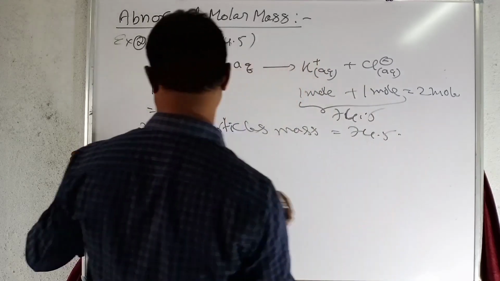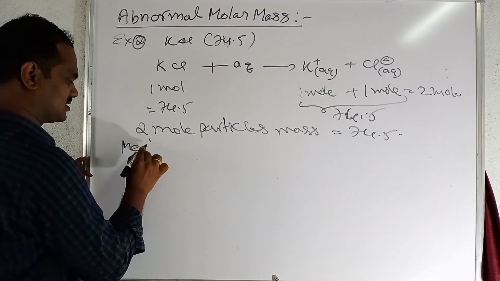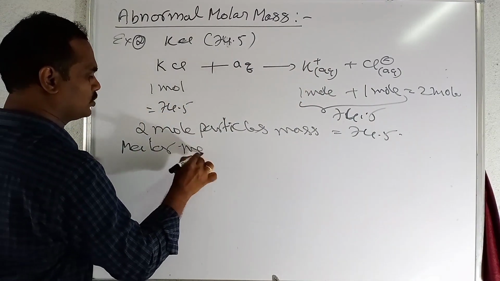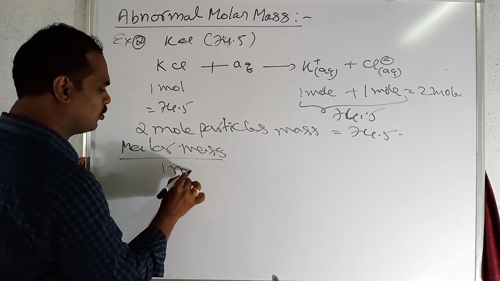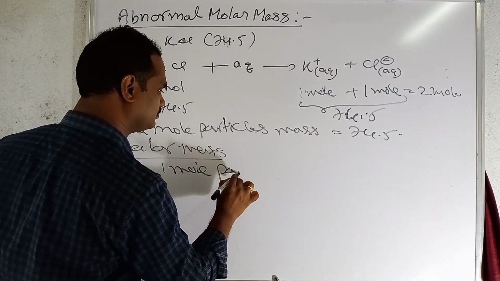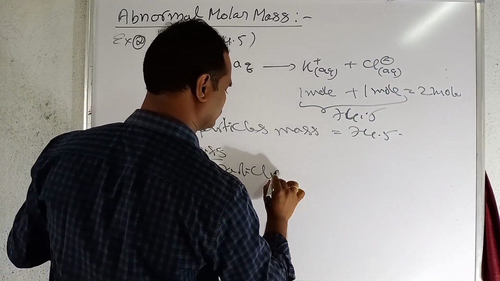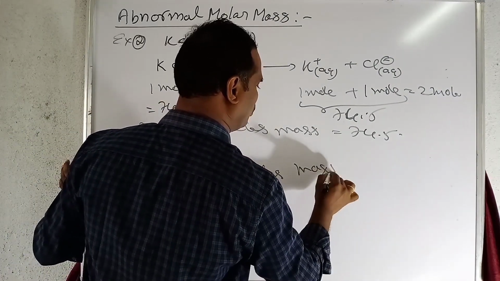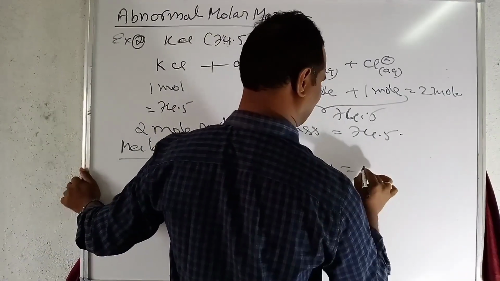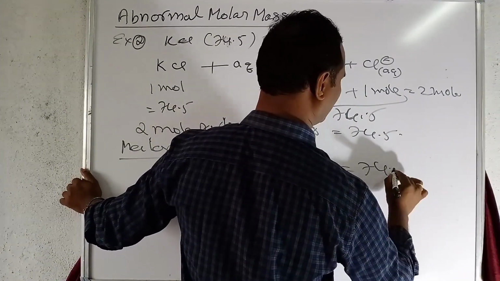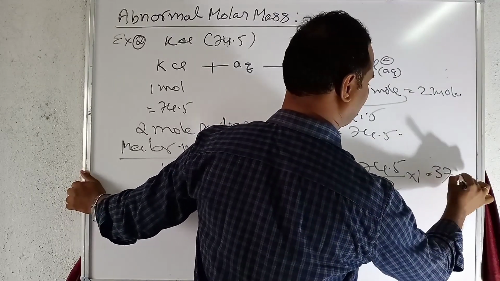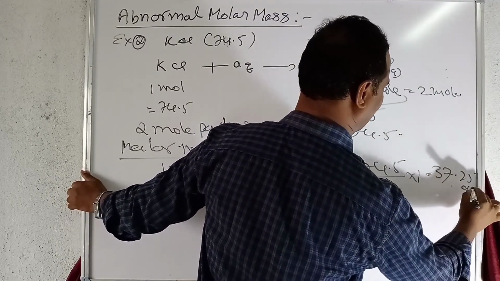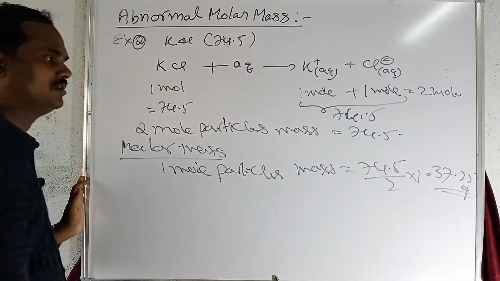74.5 grams. Now to calculate molar mass, what do you have to do? Molar mass means the mass of 1 mole of particles. The mass of 1 mole of particles is nothing but 74.5 by 2 into 1, which equals 37.25 gram per mole.